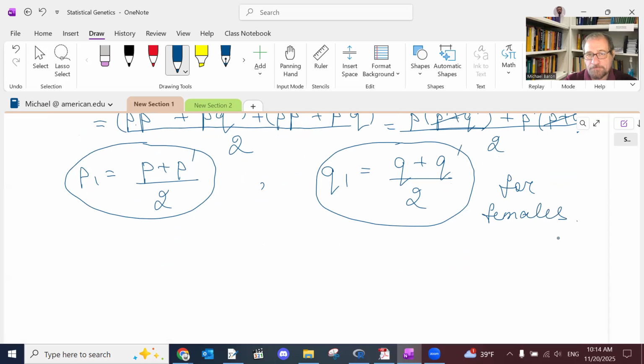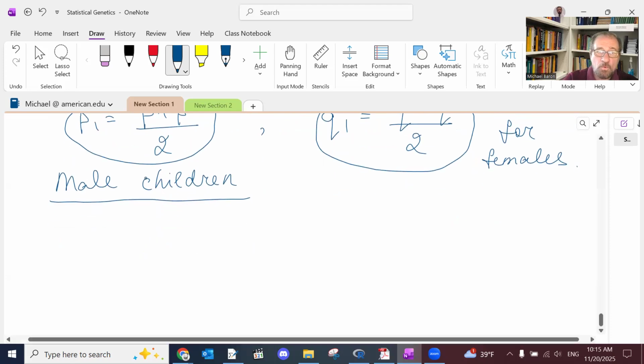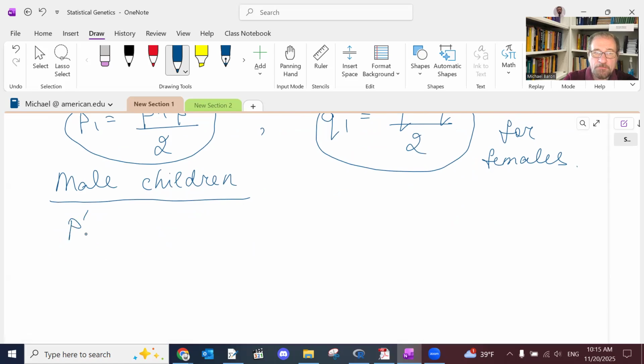For the females. How about males? Male children? Well, with males, everything is simple. They always receive X from the mother and Y from the father. So what's the proportion in the next generation, proportion of dominant genes?